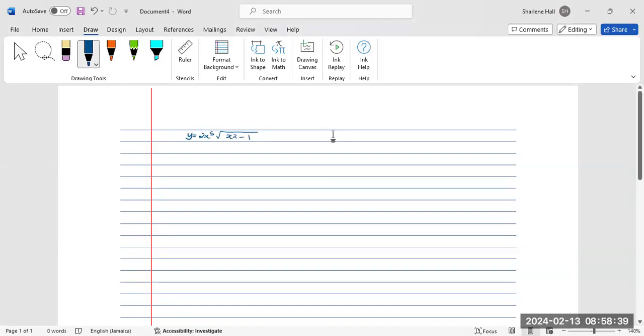Thank you. So I'm going to rearrange. Y equals 2x to the 5th times x squared minus 1 raised to the half power. Do you all agree with that?